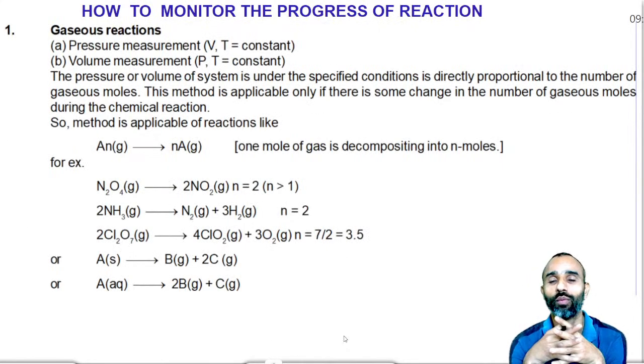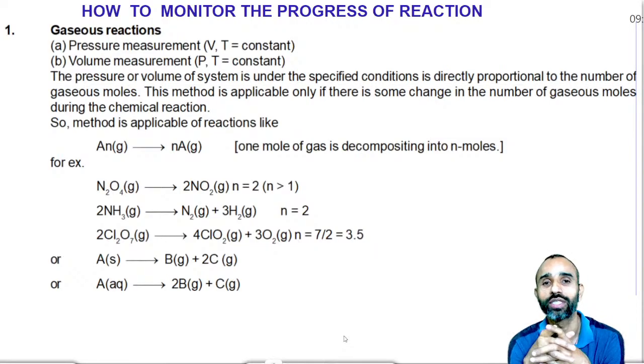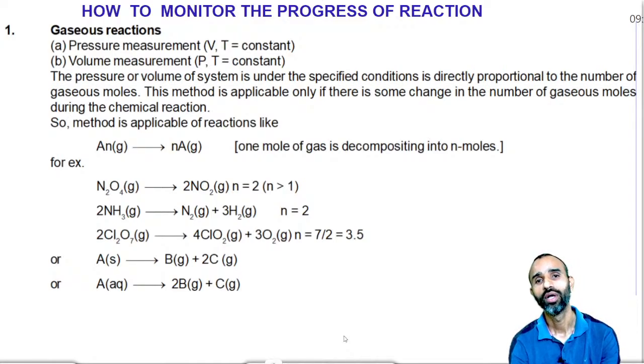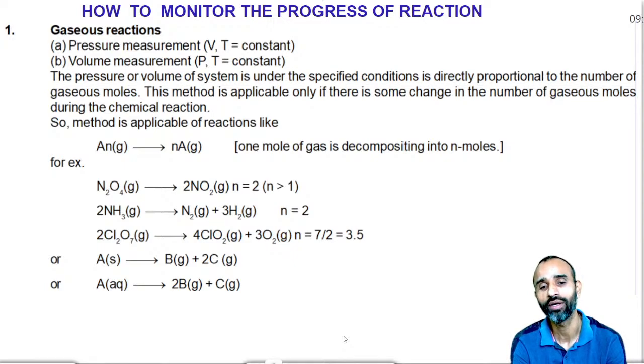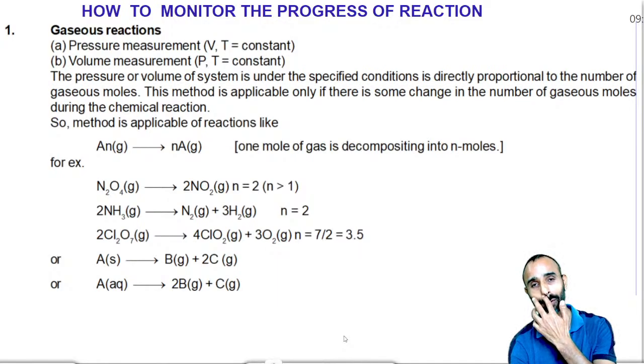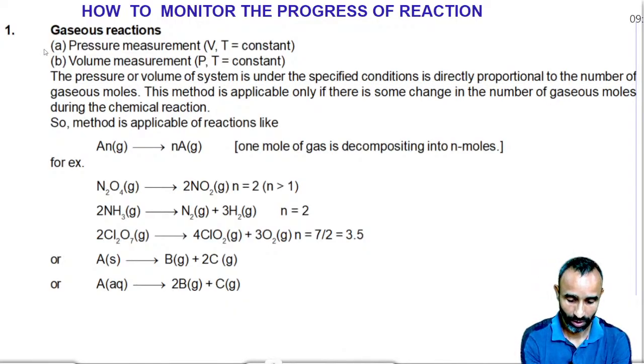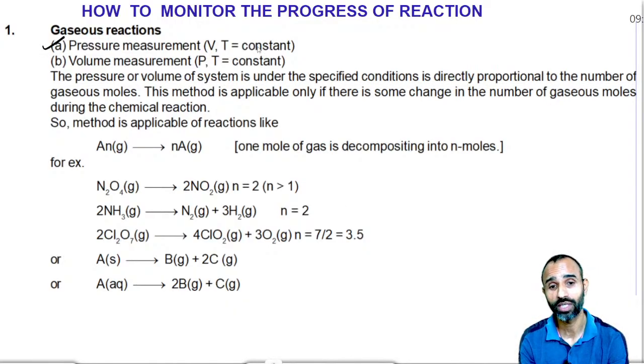Okay, now how do we monitor the progress of the reaction? If there are gaseous reactions, we either measure pressure or volume. We see the progress of the reaction by pressure measurements or by volume measurements. If we use pressure measurements, we keep volume and temperature constant.